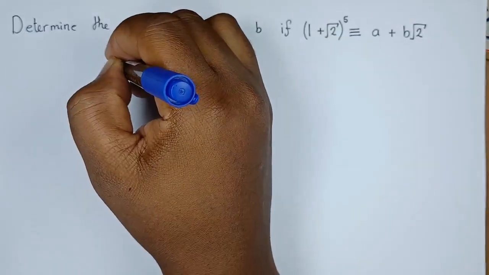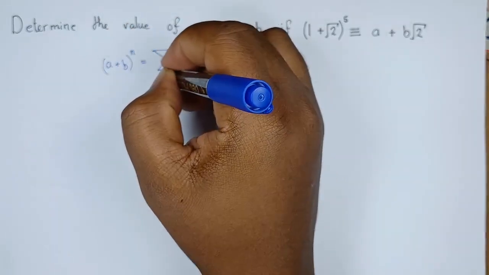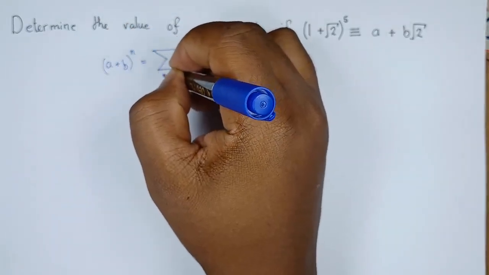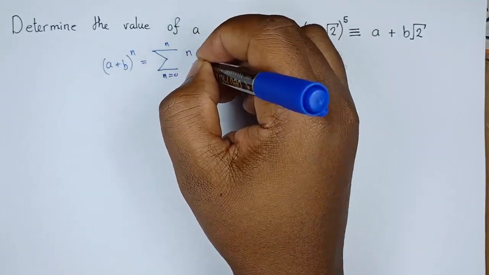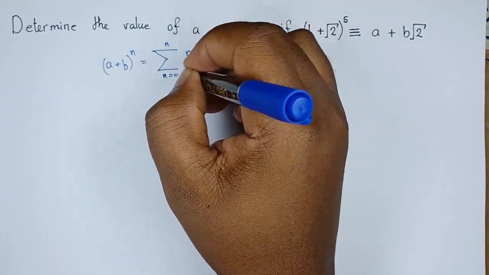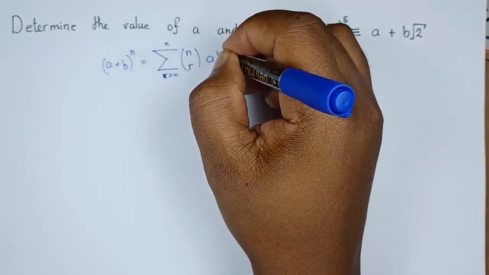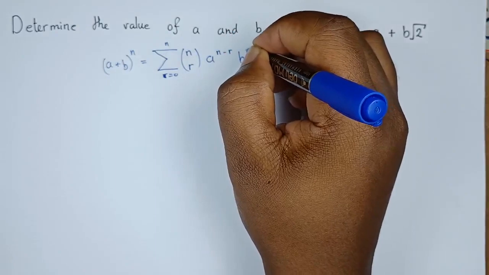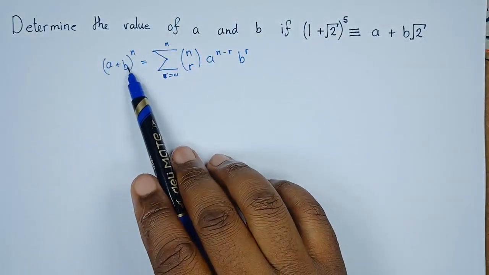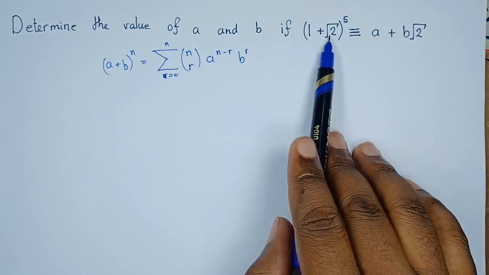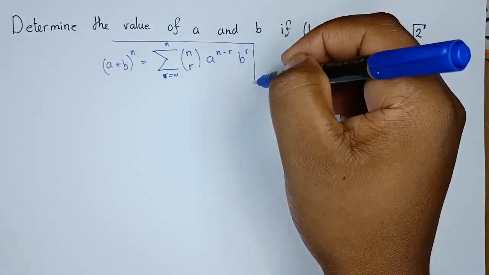For example, if you have a plus b raised to the power n, it's given by the sum starting from r equal to 0 all the way up to n of n combine r, a to the power n minus r, b to the power r. In this case, our a and b are just representing this part and this part. I'm just using this as a general form of the binomial expansion.